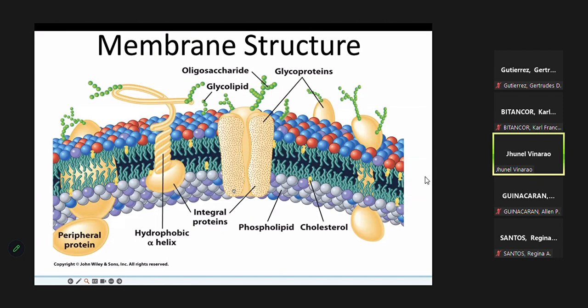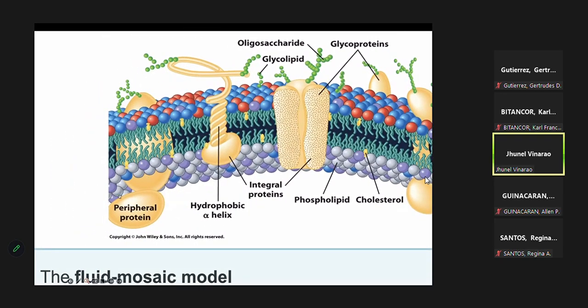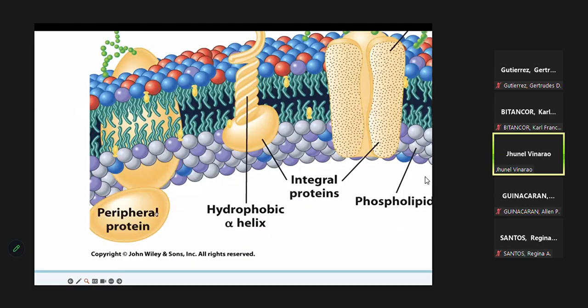But not all proteins are integral or have membrane spanning domains. Some of them are only weakly associated, and we call them peripheral proteins. The bonding between these proteins and the membrane could be a very weak ionic interaction.